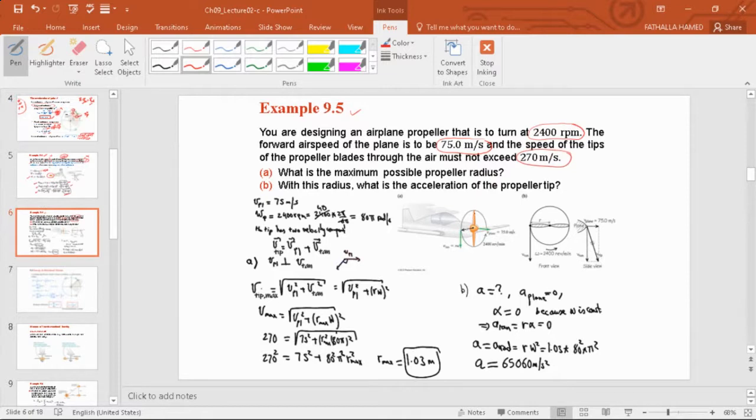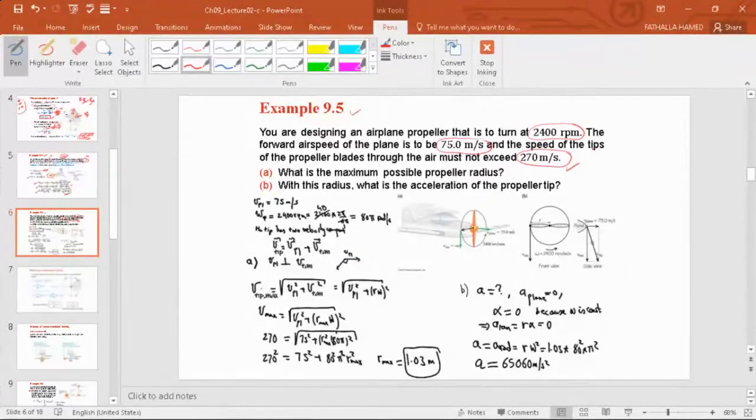So you have a propeller here, and it is rotating in air, and we assume that rotating bodies should be rigid, so points stay where they are, but they may deform, and they tell you here the maximum speed that you can have is 270 meters per second.